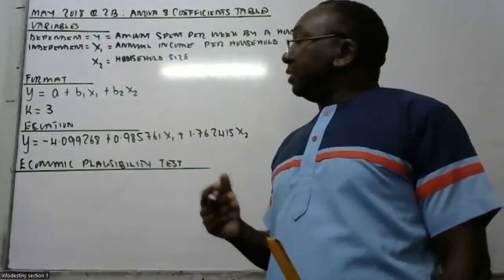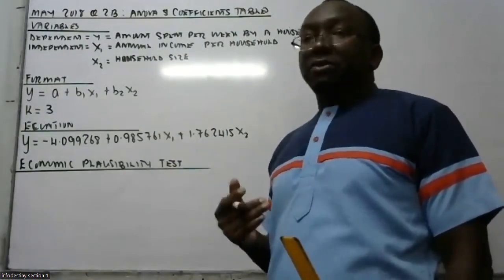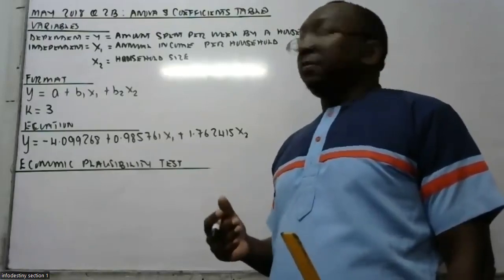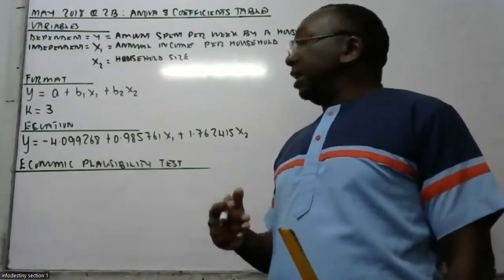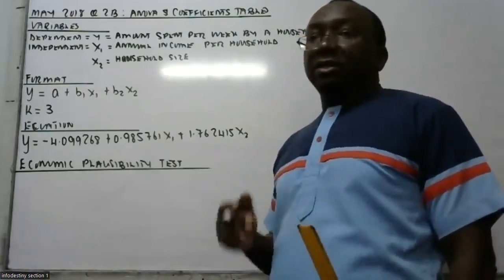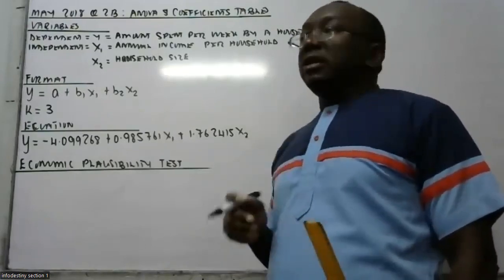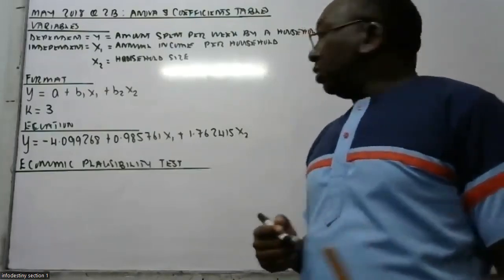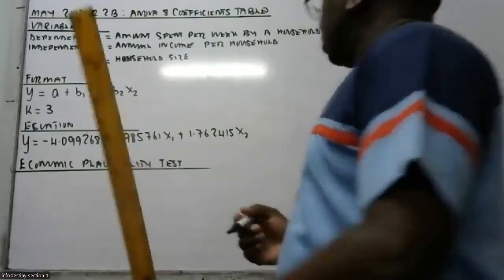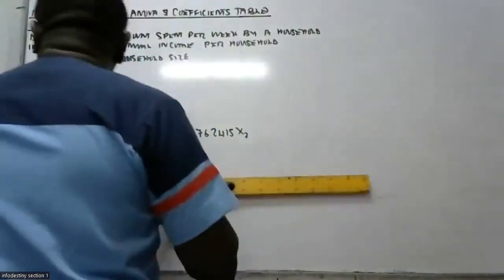That means if they can remain even as samples or circumstances change. The second one is whether the relationship is making economic sense. That means whether it is in line with what we would generally expect. So what we are going to do is to present it like this.